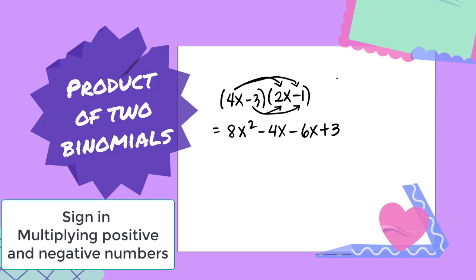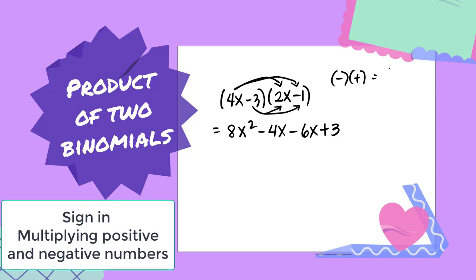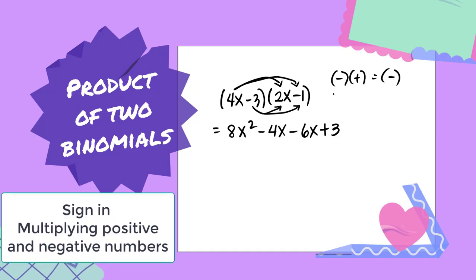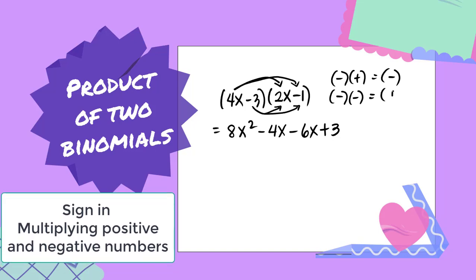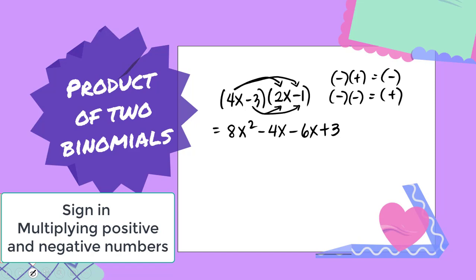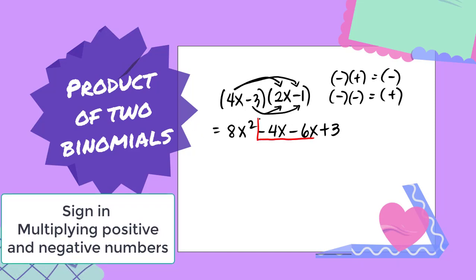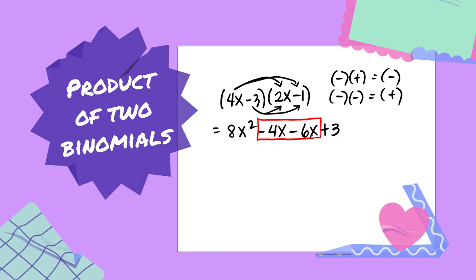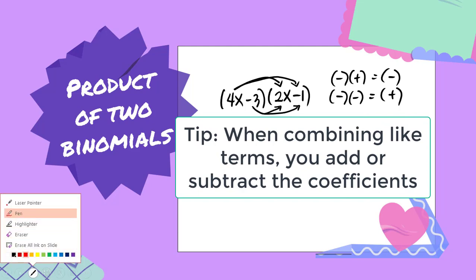Again, when you multiply a negative and a positive number, it will result in a negative number. But if it's a negative and a negative, it will result in a positive number. In this case, you can already combine like terms. Observe that both are negative. If both are negative, they have the same sign.